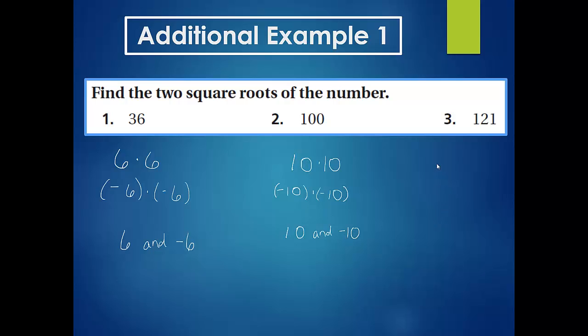And for number 3, we're trying to find the two square roots of 121. We know that 11 times 11 equals 121, and negative 11 times negative 11 also equals 121. So our two square roots are 11 and negative 11.